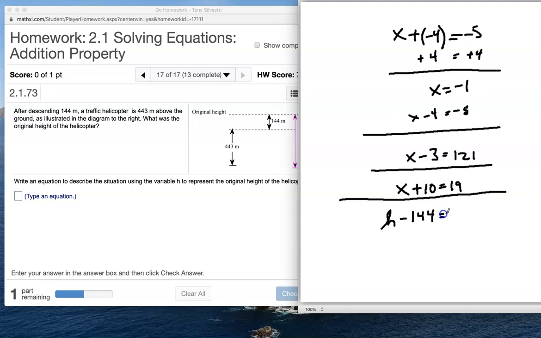Okay, the helicopter is now 443 meters off the ground. What's the original height? Well, you're going to add 144 to both sides to get H equals 587.